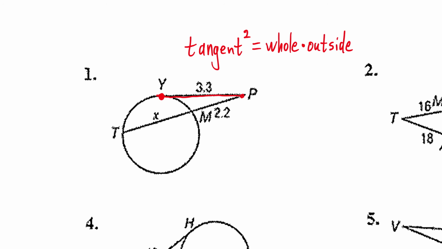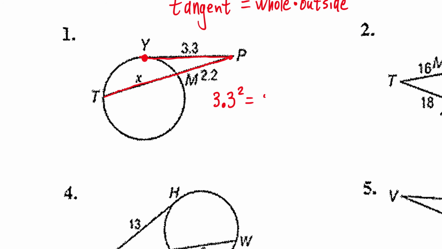In this case, the tangent piece is 3.3. So we have 3.3 squared equals... How long is the whole thing? 2.2 plus x, times 2.2, the outside piece of that segment.